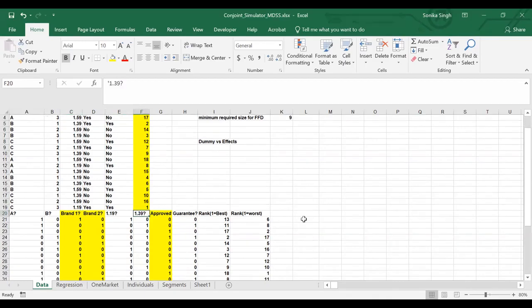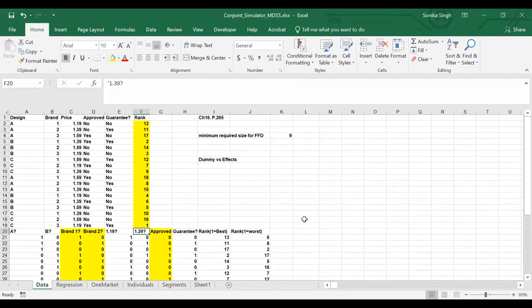As part of our analysis, the very first part, you have to dummy code the variables. So for example, here, the rule of thumb, you have to remember this, the rule of thumb.